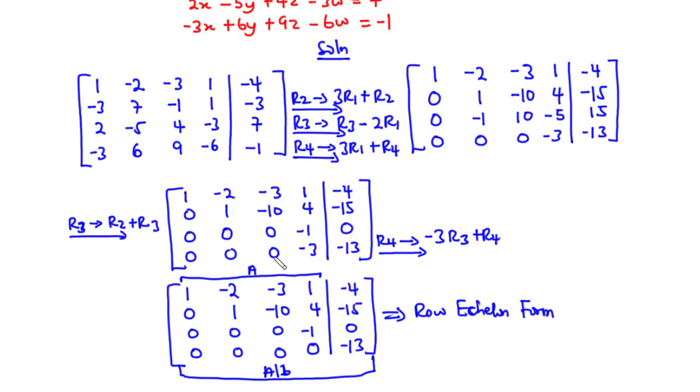Now to find the rank of the coefficient matrix, let's count the number of non-zero rows of the coefficient matrix. So we have 1, 2, 3. So the rank of the coefficient matrix is equal to 3.